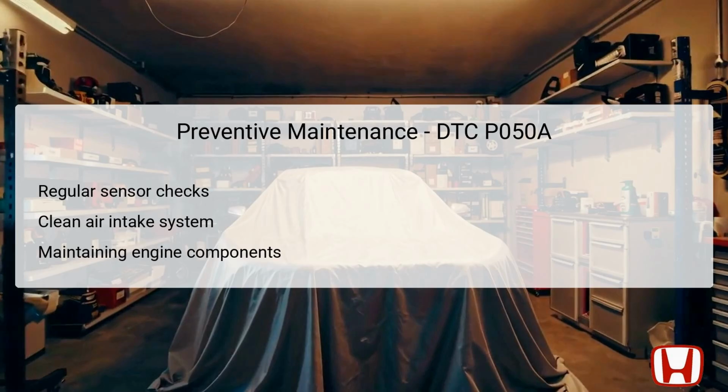Ensuring that all engine components are in good condition will help the vehicle maintain reliable performance, especially under cold start conditions. Proactively addressing these areas not only enhances performance, but also extends the lifespan of essential components within the PGM-FI system.